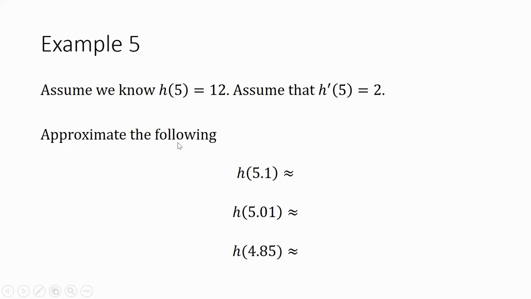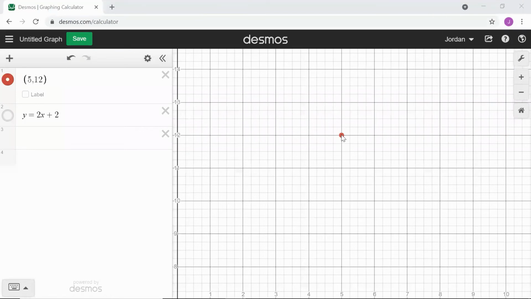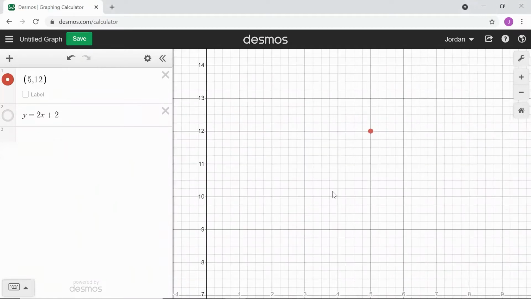So let's approximate the following the best we know how. We are going to approximate h of 5.1, h of 5.01, and h of 4.85. Before I do this algebraically, I want us to think through how this is going to look graphically.